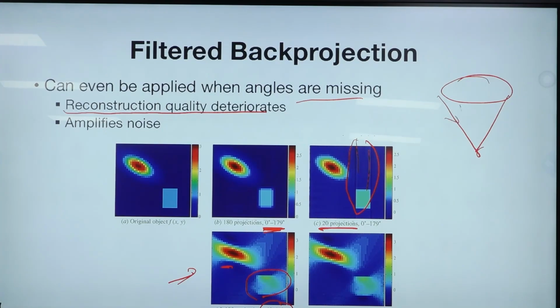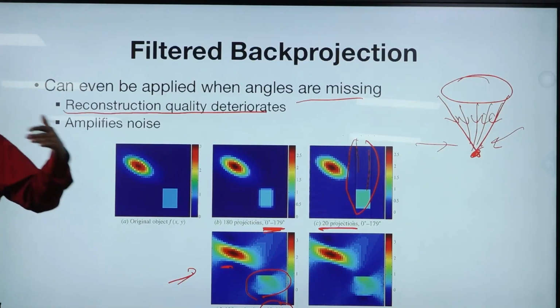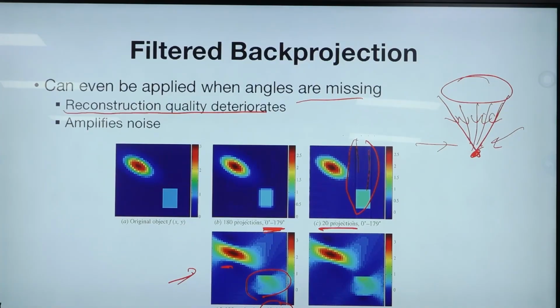You have a range of angles at which light is falling on the object, but you cannot have light coming in at this angle and this angle. So there is a certain range of angles where you get the data from, but some of the other angles are missing because the lens is not infinite in size. It has a finite size. The range of angles is limited. So whenever you have a limited range of angles, you will have some artifacts in the reconstruction.